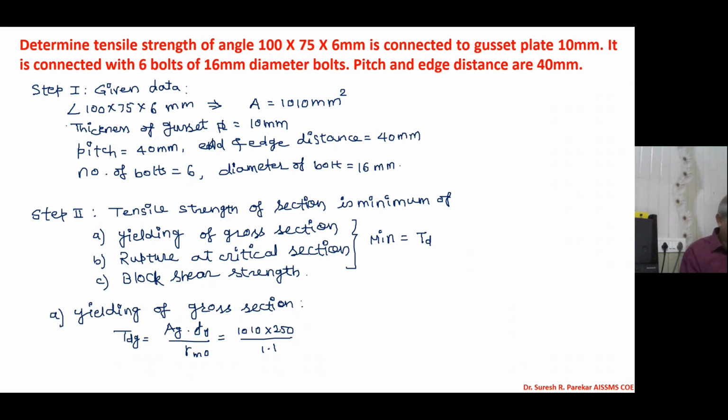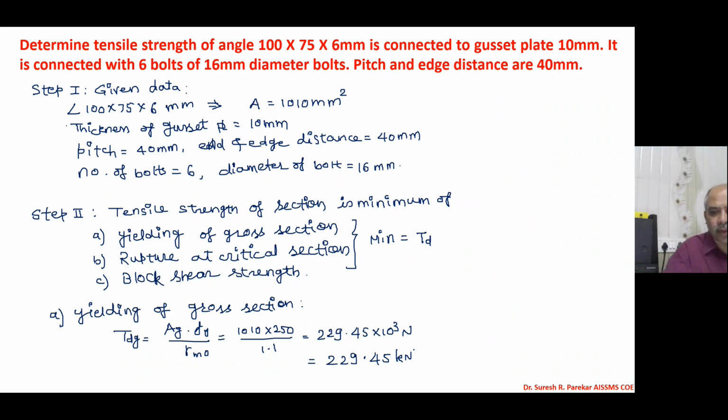Calculating this, we get 229.45 into 10 raised to 3 newtons, which is equal to 229.45 kilonewtons. So we have this value, that is first, which is due to yielding of cross section.